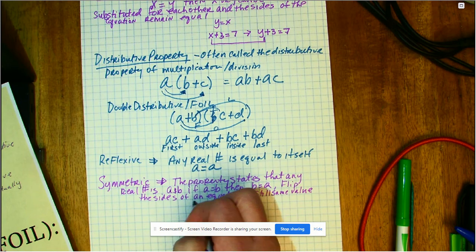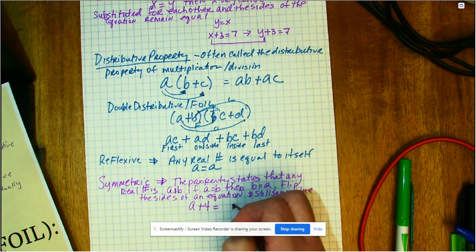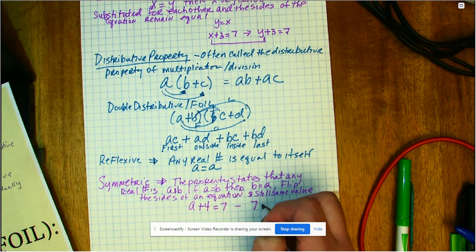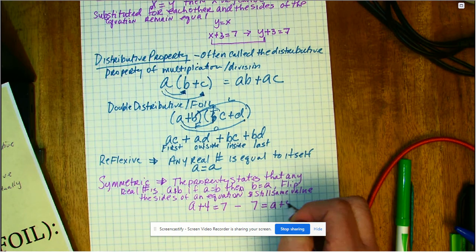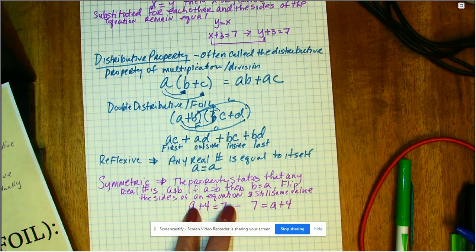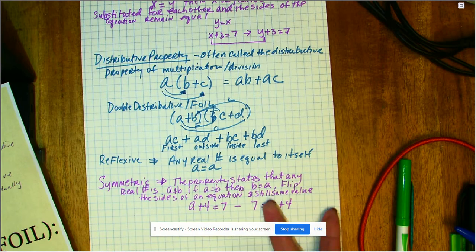So if I have A plus 4 equals 7, then 7 must equal A plus 4. All I did is I took both sides of the equal sign and literally flipped them over. And that's what the symmetric property shows you.